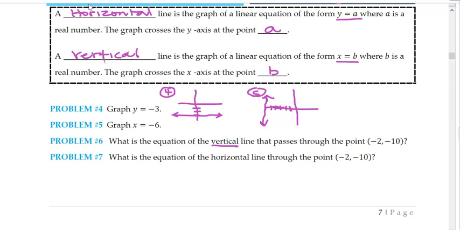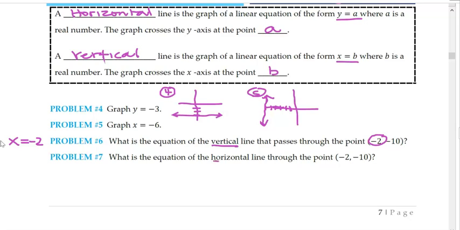So that means we're going to have x equals some number as the equation for this. So let's see, I'll put it over here, x equals, and then if we look at the point that's given, well, we see x equals -2. And so that is the equation of the line, just x equals -2.